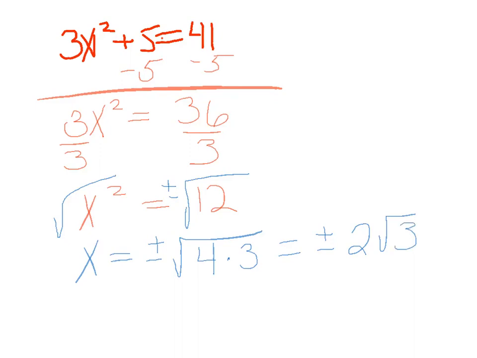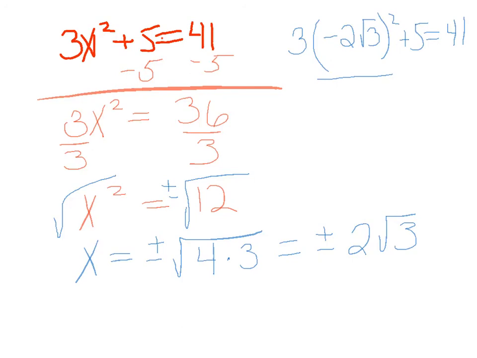Okay. Now, let me show you why that plus or minus works. If I was going to put that back into my equation, into the x squared spot, if I put a negative here, do you see how when I multiply that out and square it, that will be a positive.